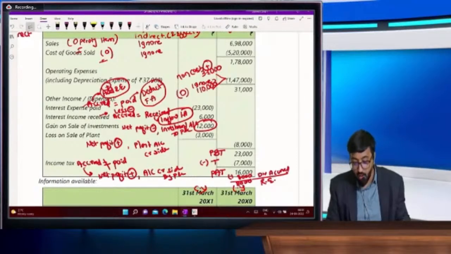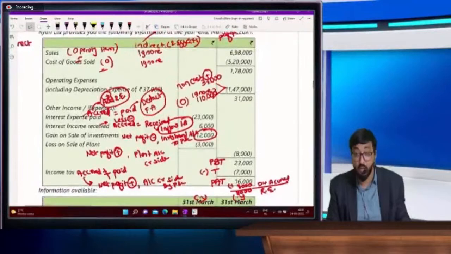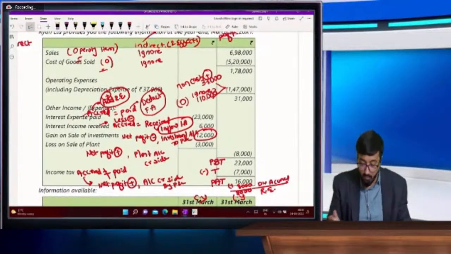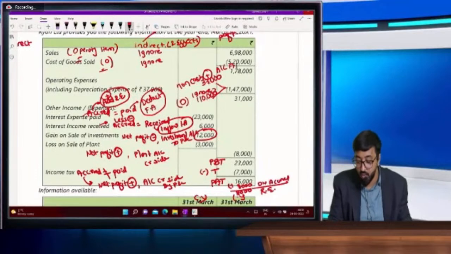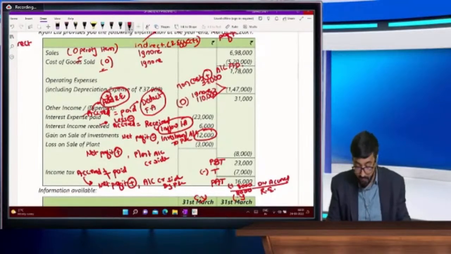So already two effects. You can see sales ignore, COGS ignore. Depreciation, one effect, non-cash add it; second effect in the accumulated depreciation account by depreciation. Interest expenses, one effect add; second effect, financing activity deduct. Interest income less and received in investing activity.